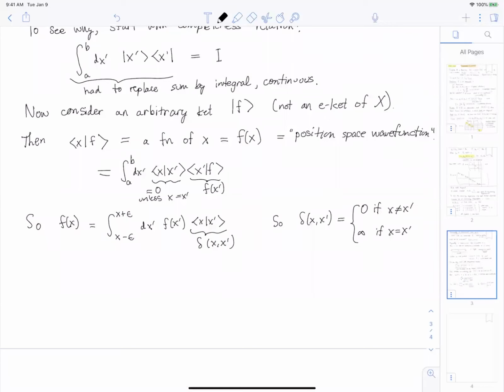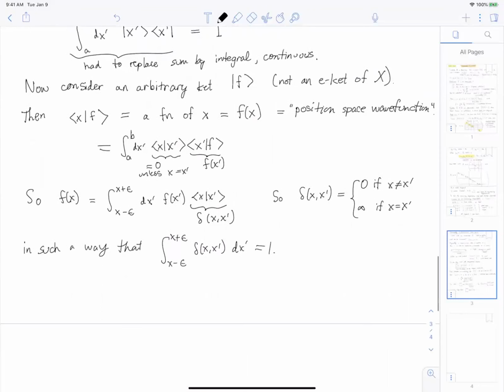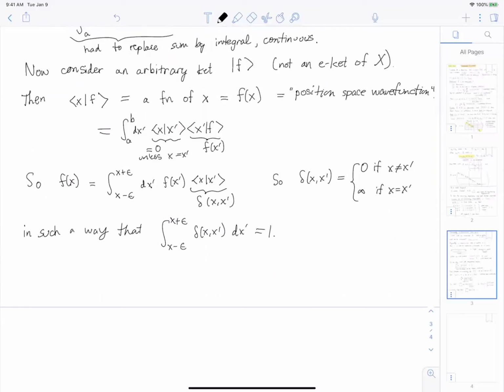Because as epsilon shrinks to 0, the only way you can get a finite answer by integrating over an infinitesimal interval is if the thing you're multiplying by is infinity, in such a way that the integral from x minus epsilon to x plus epsilon of delta of x prime dx prime is equal to 1.